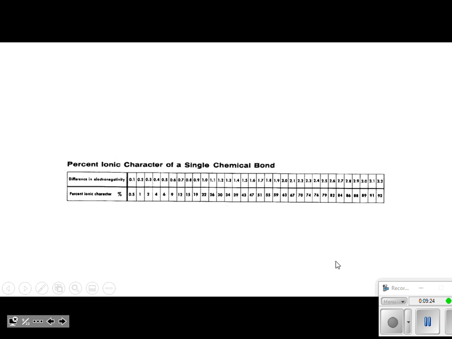Now, find this on your periodic table. It's usually what I call the back of the periodic table. It says percent ionic character. On the top, you see the difference in electronegativity, and on the bottom, you see the percent ionic character.